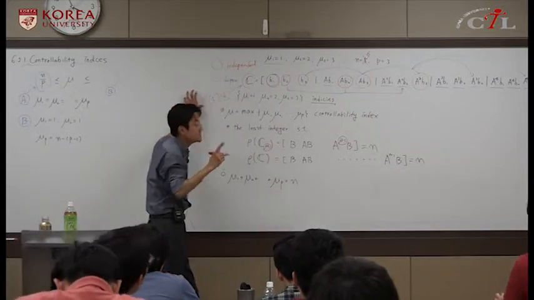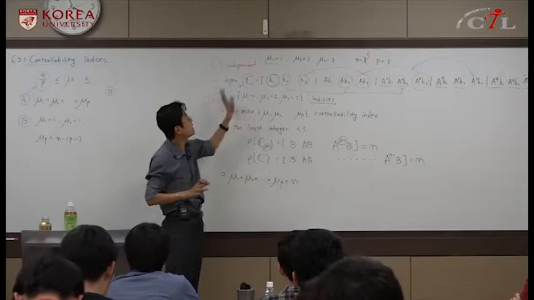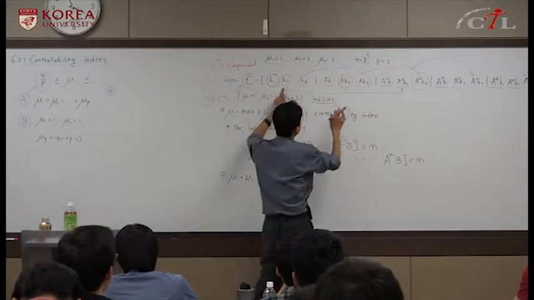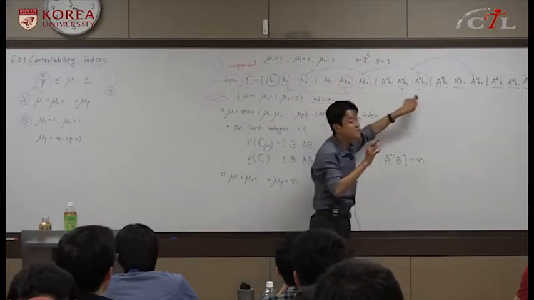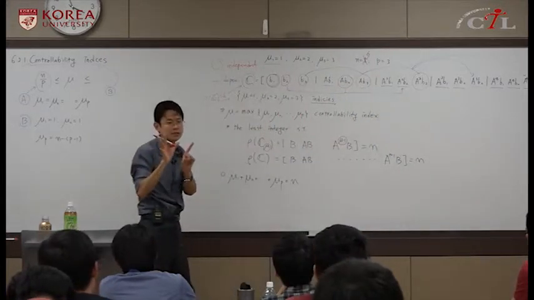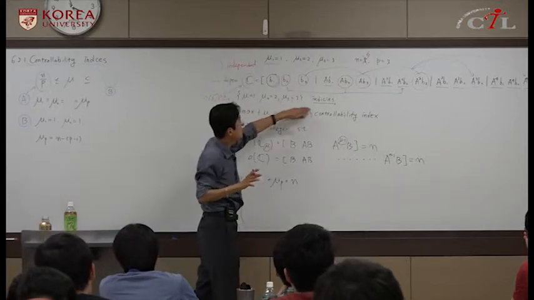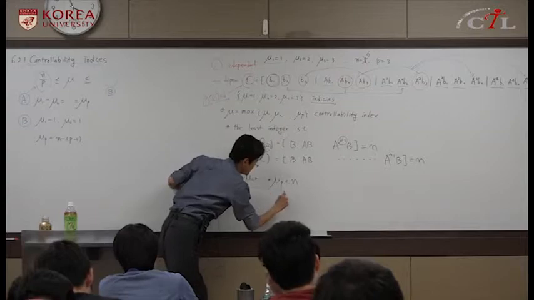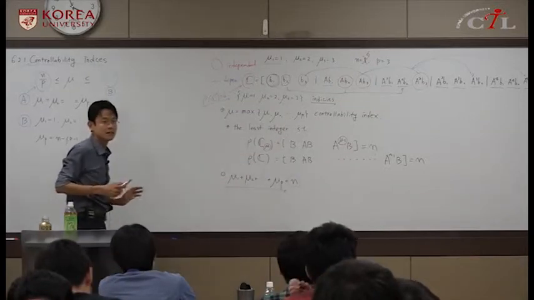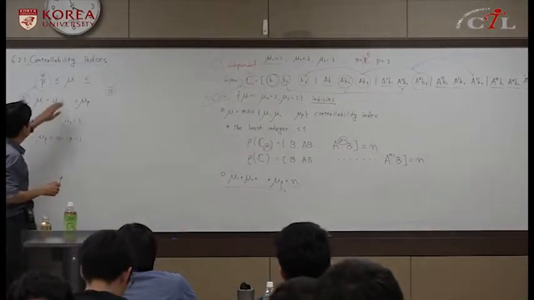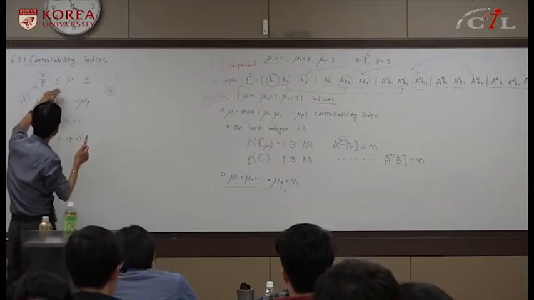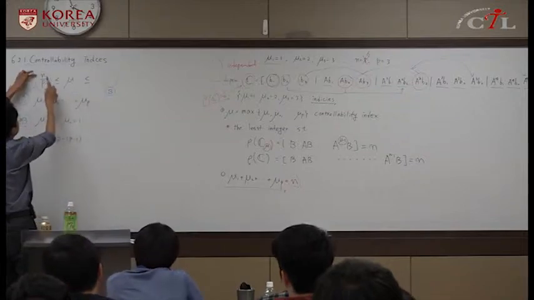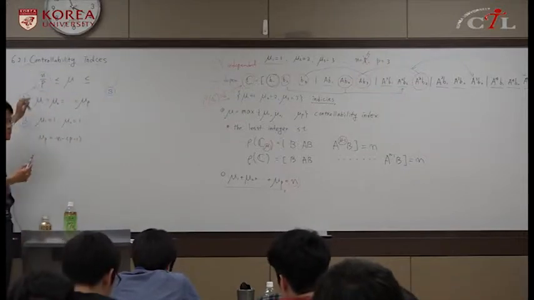That means there are 6 independent columns: 1, 2, 3, 4, 5, 6 independent columns. So the sum of controllability indices is equal to the rank. So the controllability index's minimum is n by p because their sum is n. Sum divided by number. n by p is minimum.